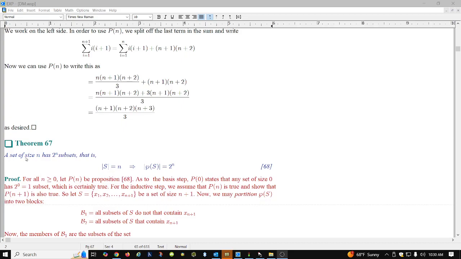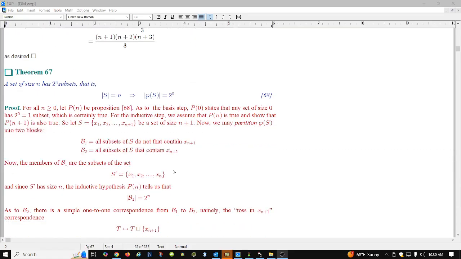A set of size n has 2 to the n subsets. So in symbols, if the size of S is n, then the size of the power set of S is 2 to the n. And this is really a statement, and I probably should have said that, for n bigger than or equal to 0.